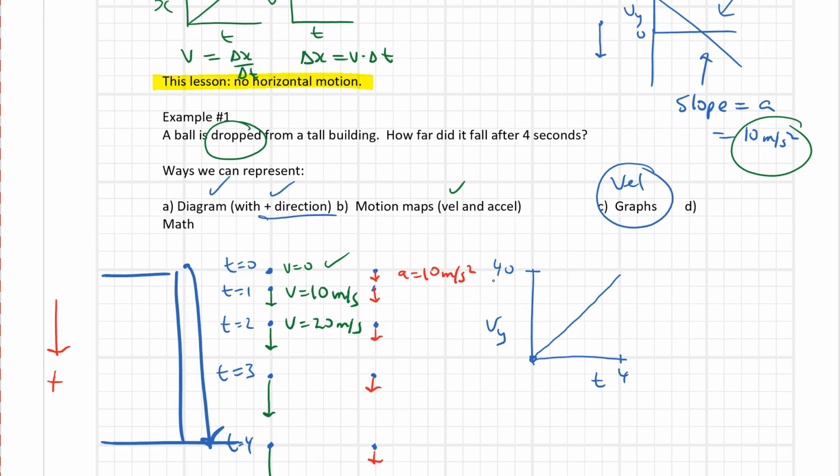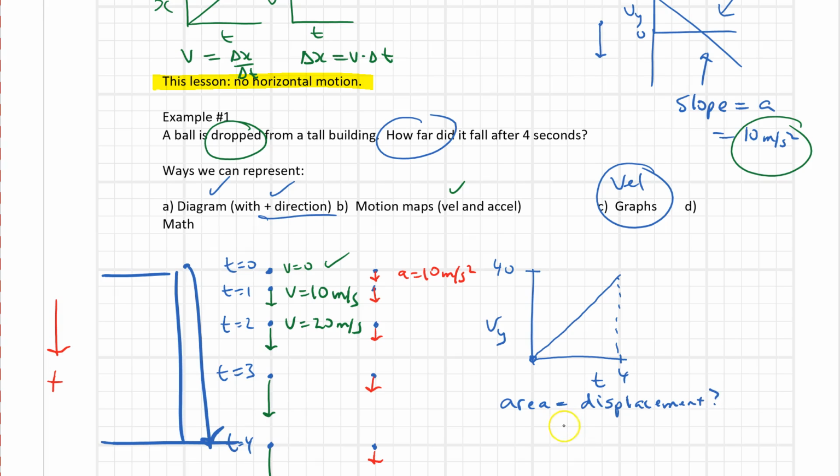Now I'm asked, how far did it fall after 4 seconds? I can actually solve that because the how far business is displacement. So this area here, remember on the velocity-time graph, area is equal to displacement, and that's what we want to find out.